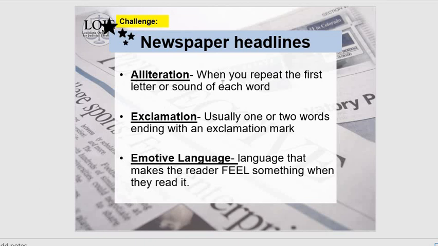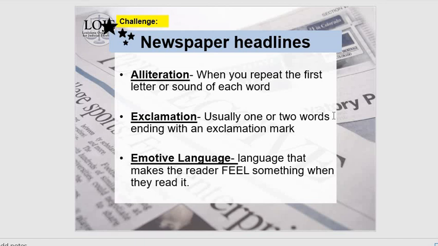So that was alliteration. So when you repeat the first letter or sound of each word. I'd like you to try and come up with a headline that includes one, if not possibly all three of these. It just makes the headlines a lot more interesting and a lot more fun, particularly if you've chosen to do a tabloid type newspaper article.